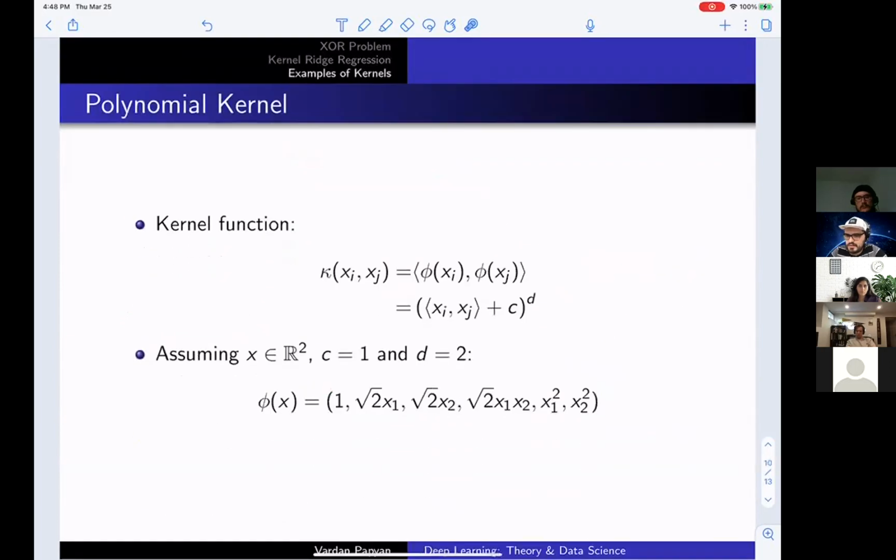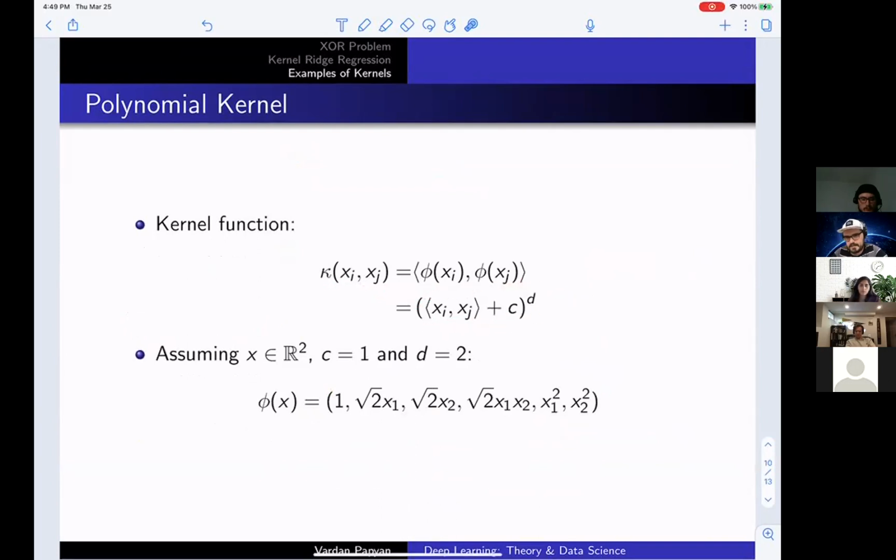Okay, so let us look at some examples of kernels. The first example is called the polynomial kernel. The polynomial kernel is defined as follows. k of xi and xj is equal to xi inner product xj plus a constant scalar to the power of d.